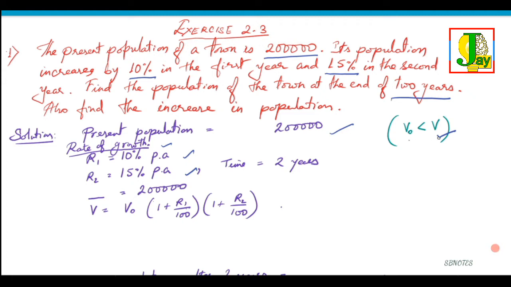So the population we're going to find is V, and the given population, 2 lakh, is V naught, the original population. Now just putting the values, we have 2 lakh into (1 plus 10 by 100) into (1 plus 15 by 100).